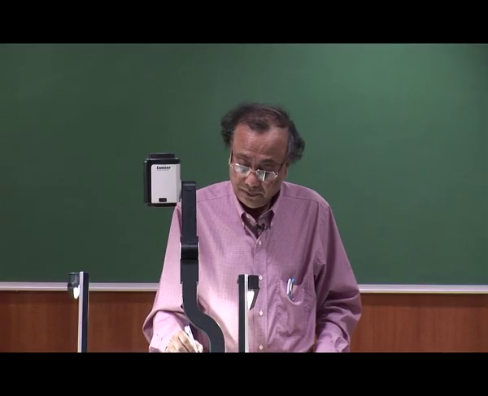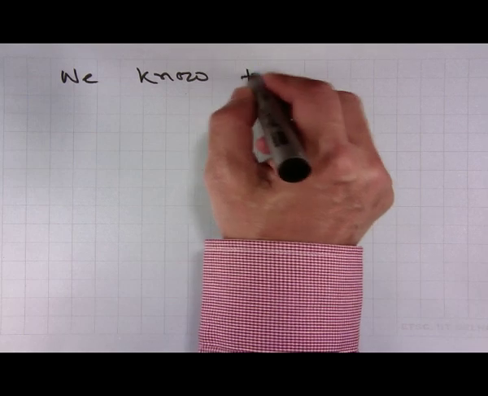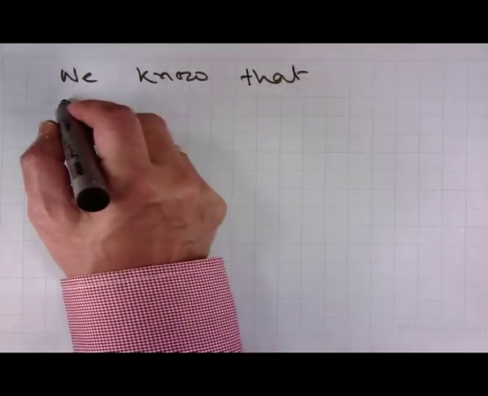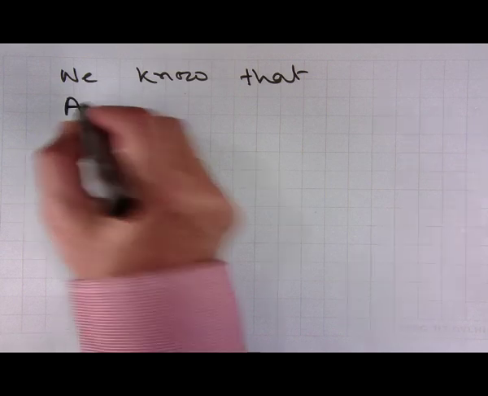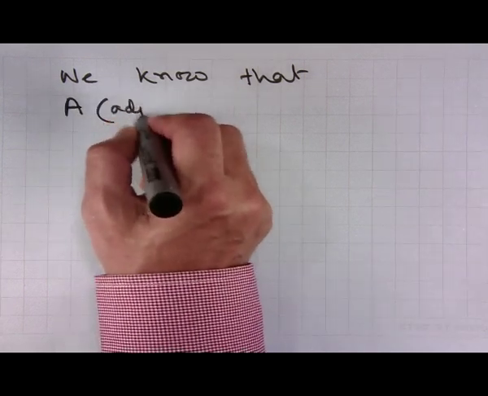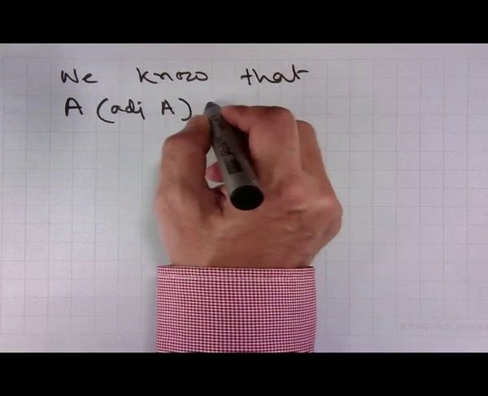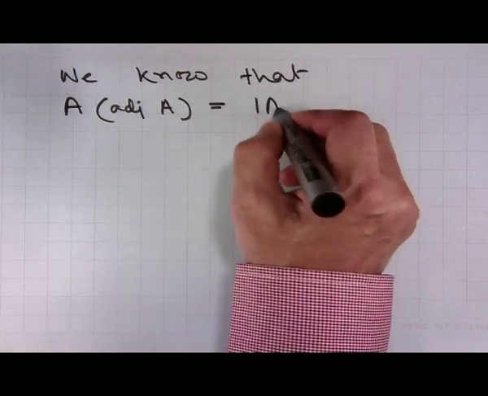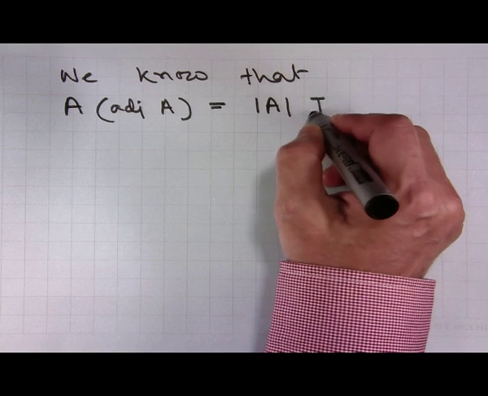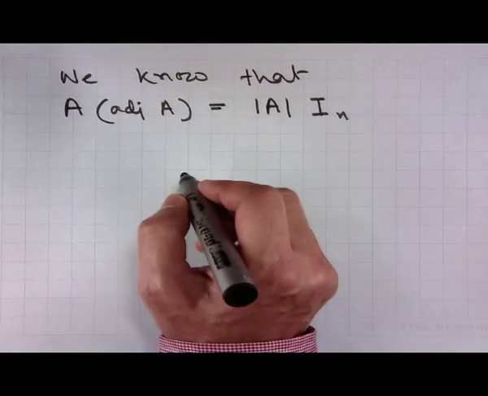We know that A into adjoint of A is equal to determinant of A into I n.